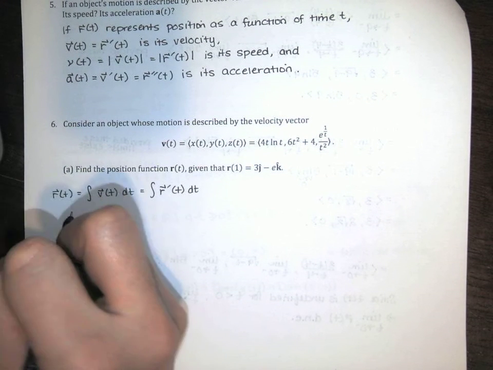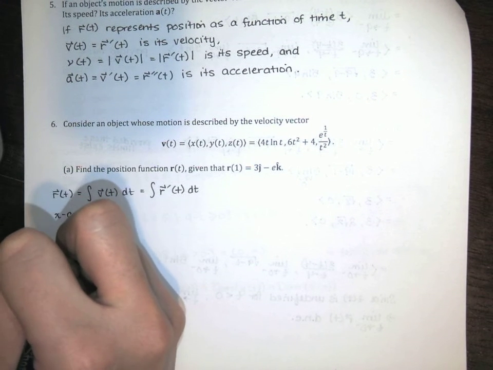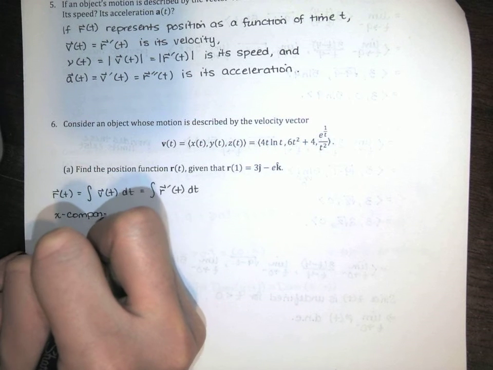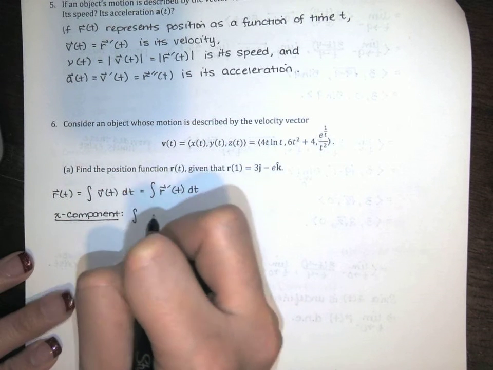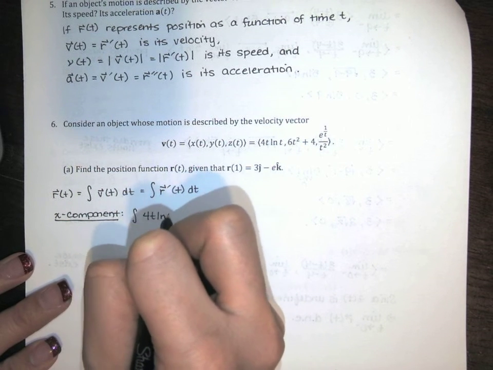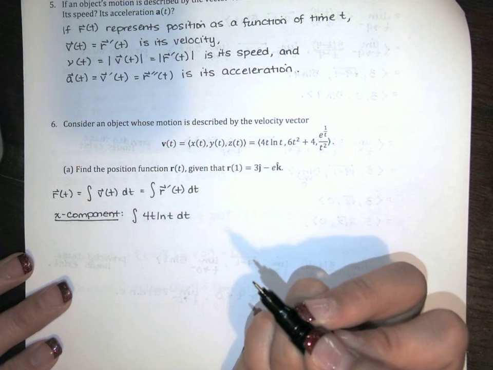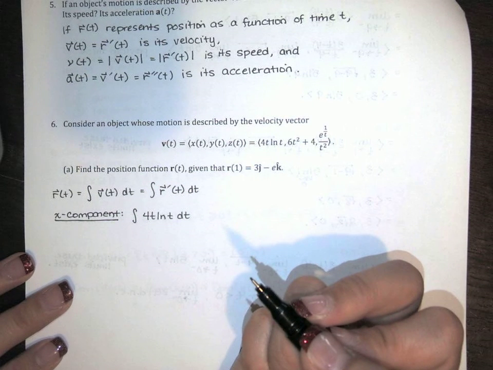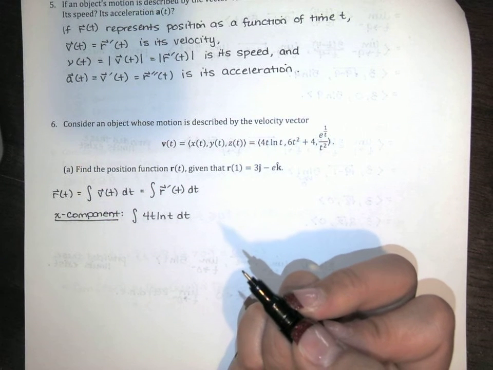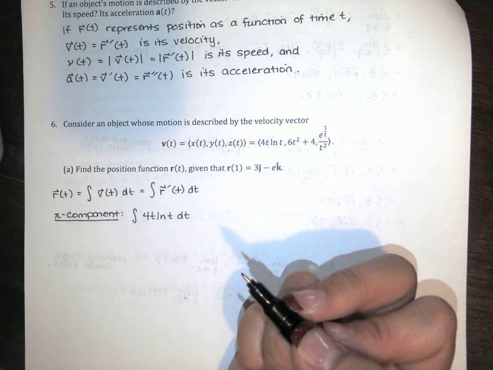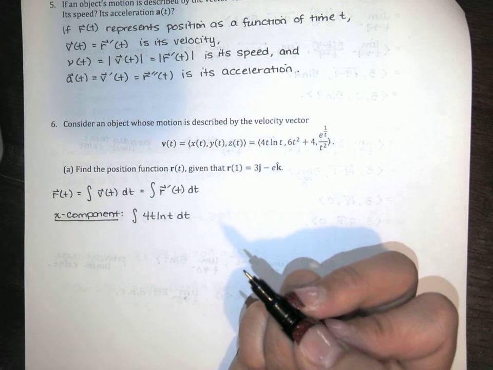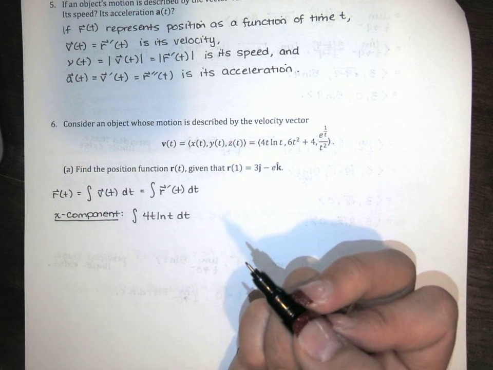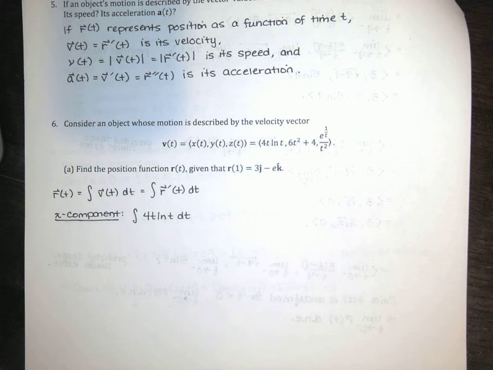So let's do the x component first. Generally, the way I write these, I try to include integration by parts and u-substitution and some basic rules. So you might have to brush up on that stuff. There are videos and practice problems on my website for Calculus 2 if you need to brush up on integration by parts.